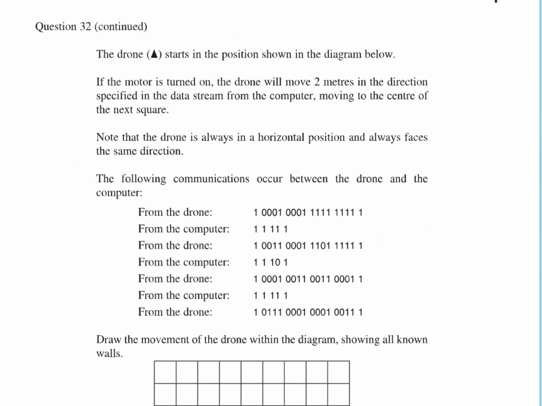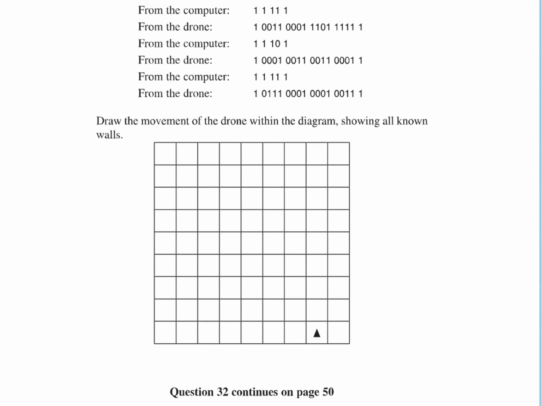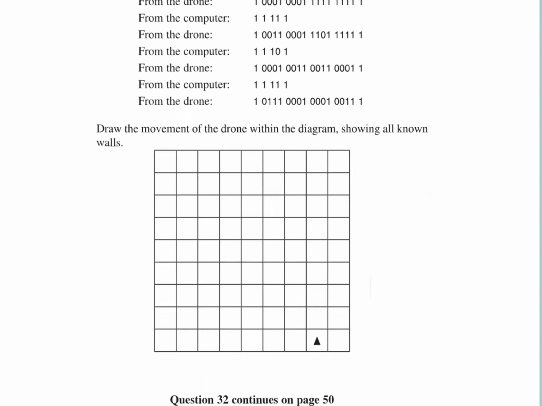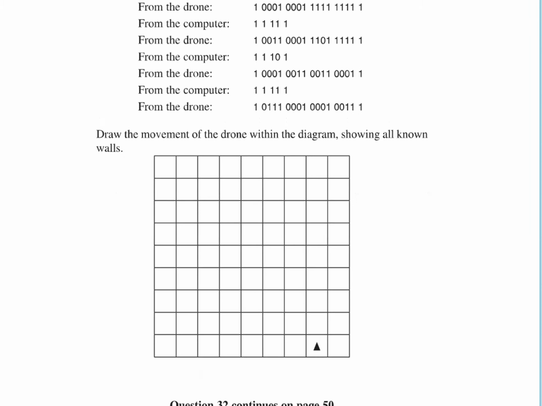The drone starts in the position shown in the diagram below. So here's our drone. The following communications occur between the drone and the computer. From the drone says 1, which is our start bit, 0, 0, 0, 1, which is a wall a meter to our left.